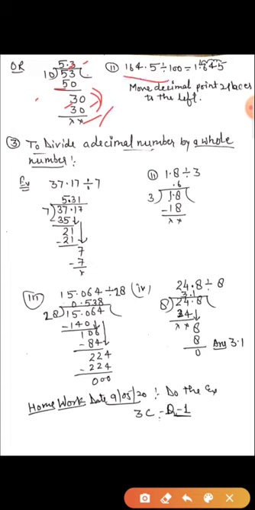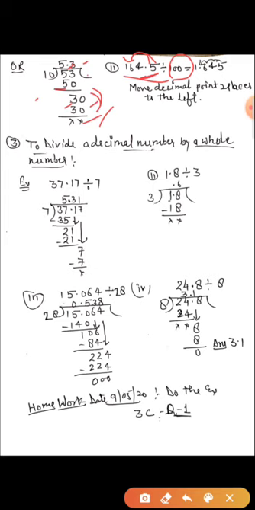Now look at this question: 164.5 divided by 100. Look where the decimal is, after one digit, and how many 0s are here? There are 2 zeros. So you can move the decimal two places to the left.